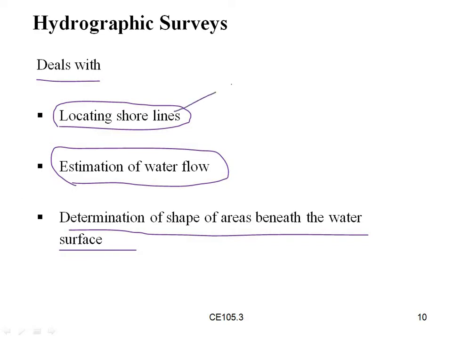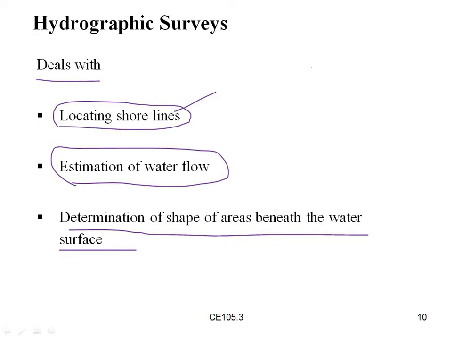Shorelines are nothing but where the sea water meets the land, the edge of the water where the sea meets the land. At the seashore we say this. Sea shorelines are nothing but the seashore. So where the water is near the land, that is called locating shorelines.